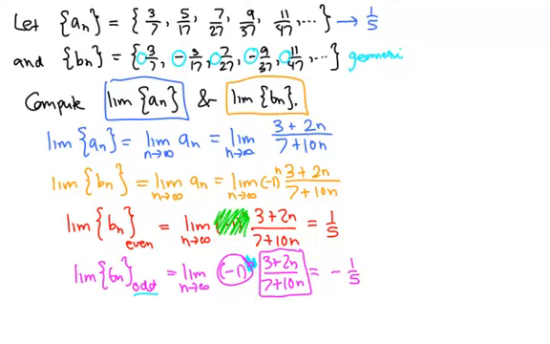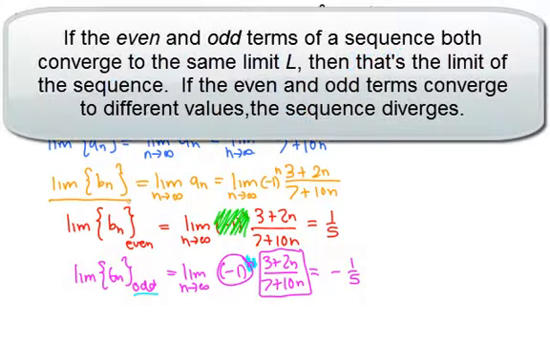Let's say that again. We have this sequence right here. If we work out the terms, then it turns out that every single even term is a decent approximation of 1/5. So pretty much all of the even terms are going to look like 0.2 and change. But every single odd term is a decimal approximation of negative 1/5.